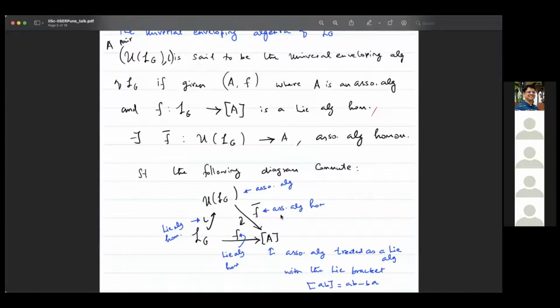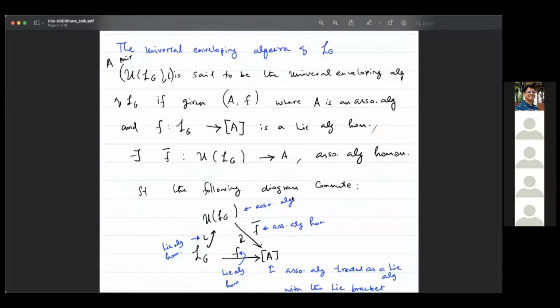Here again, you can see associative algebra and Lie algebra are both involved, with Lie algebra homomorphisms and associative algebra homomorphisms. I have written it as explicitly as possible. So this is the definition of the universal enveloping algebra.